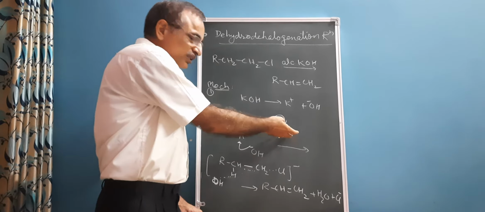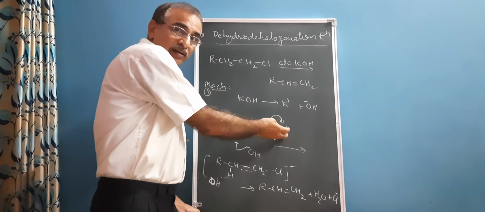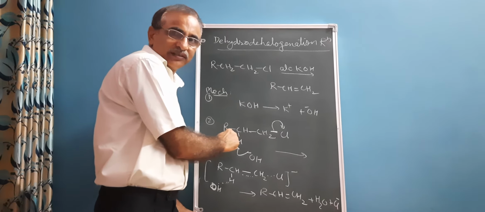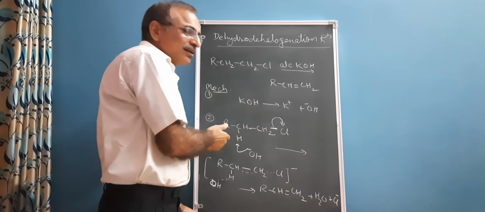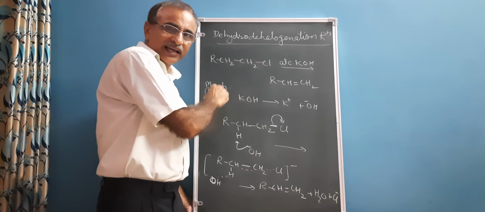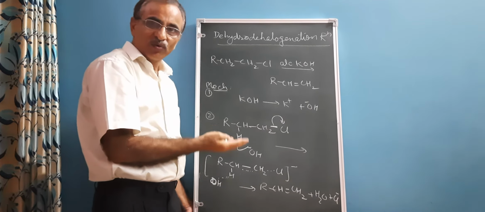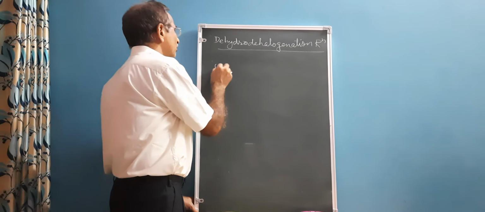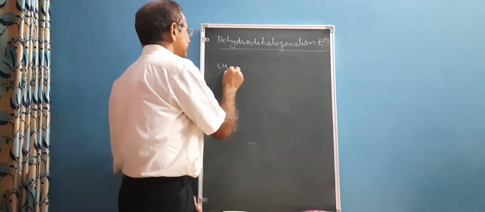Here halogen is removed and hydrogen is removed from the nearest carbon atom. In highly substituted haloalkane, again Saytzeff rule is being followed. Now we are coming to a more substituted haloalkane.